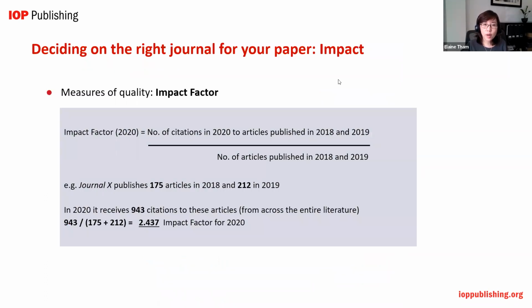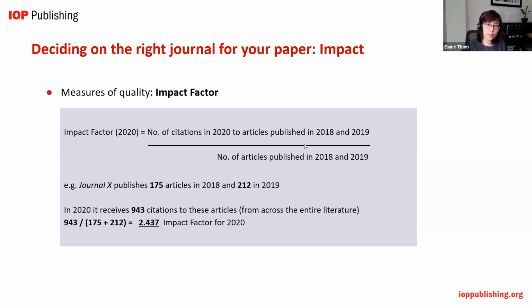Now, when thinking about the potential impact of a journal in its field, you might be looking at the impact factor of a journal. And it's important to understand how a journal's impact factor is calculated. So the impact factor for a journal in a given year, let's say 2020, is worked out based on the number of citations in 2020 to articles published in the 2 years prior.